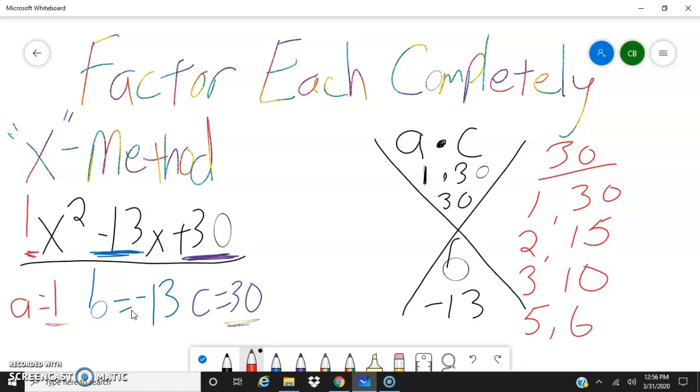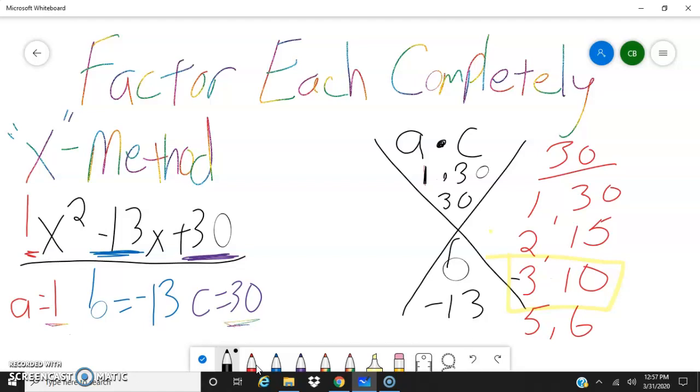5 and 6. Now we ask ourselves, whichever group of factors we choose needs to add up to a total of negative 13. Both of my signs are negative, so a negative 3 and a negative 10 give me a sum of negative 13, which is what I want.